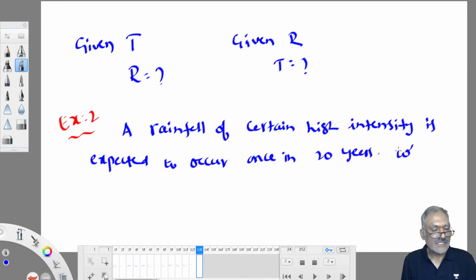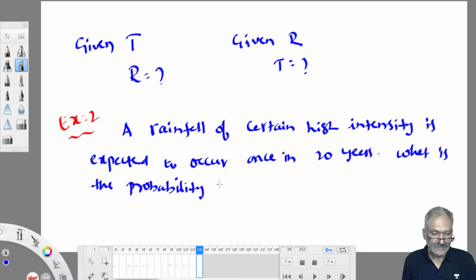What is the probability that it may occur in the next 12 years?